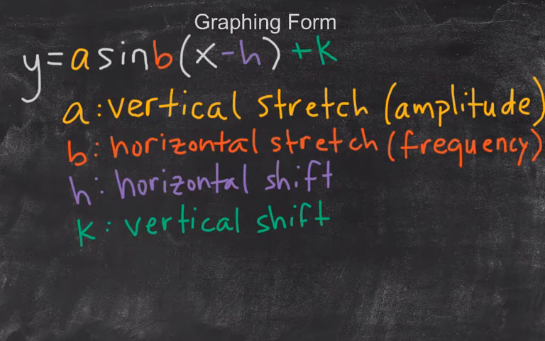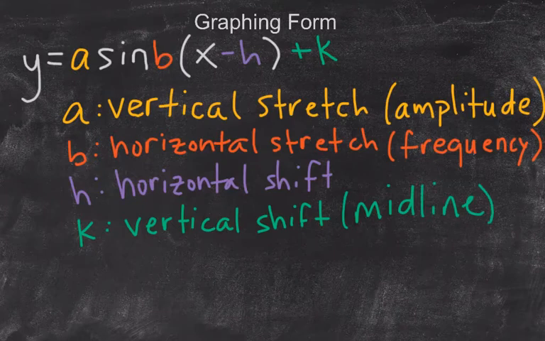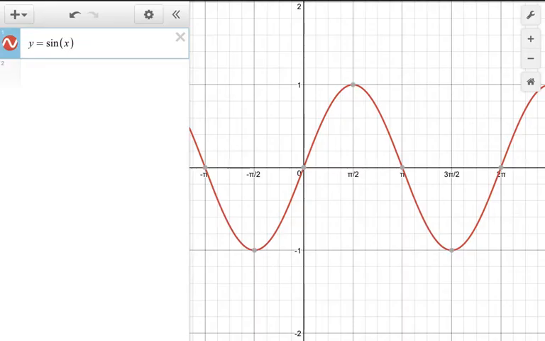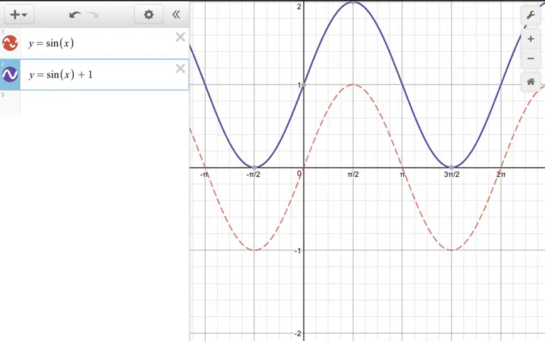The last parameter we have to look at is vertical shift, which we can also think of as where the midline goes, because the midline is usually at y equals 0, right on the x-axis. When I change the equation and I shift up a unit, the midline also shifts up a unit.